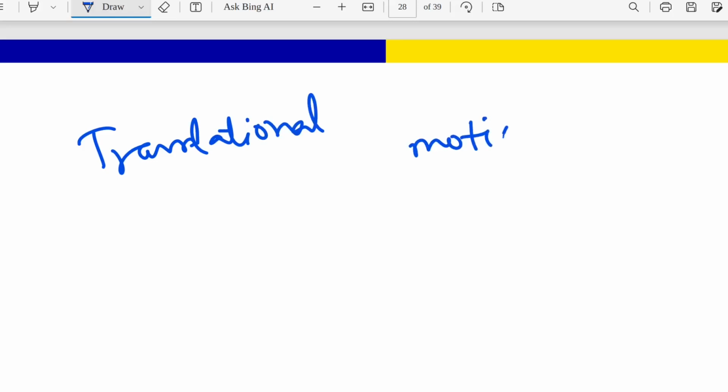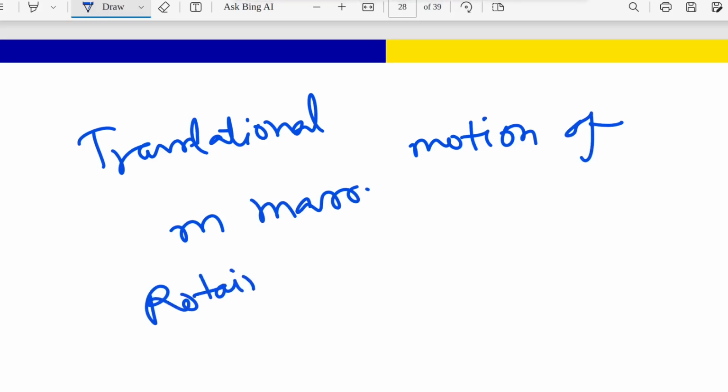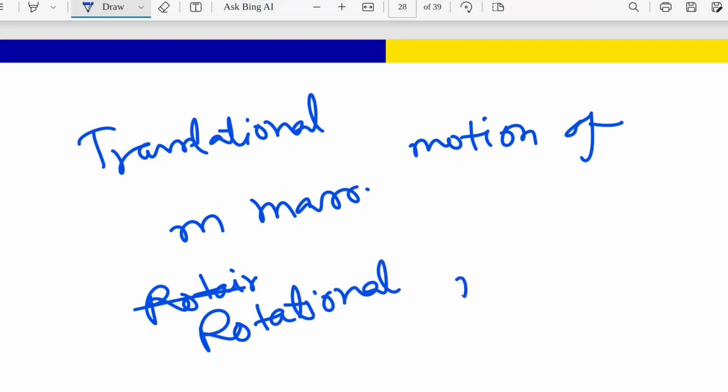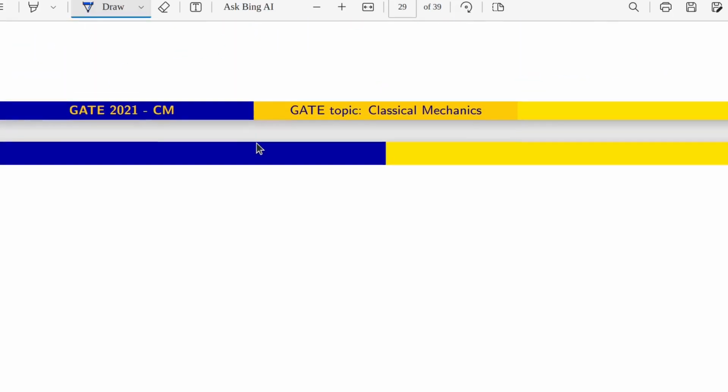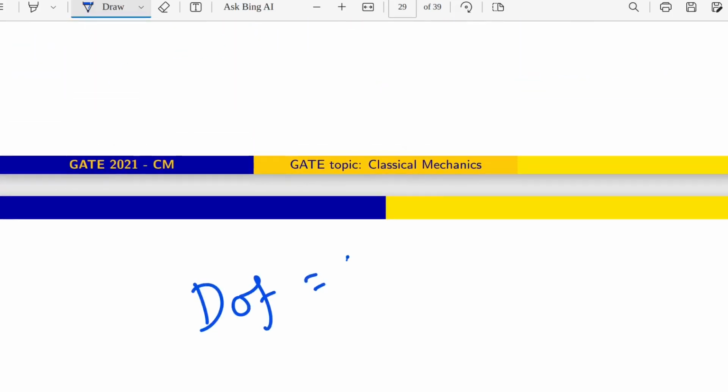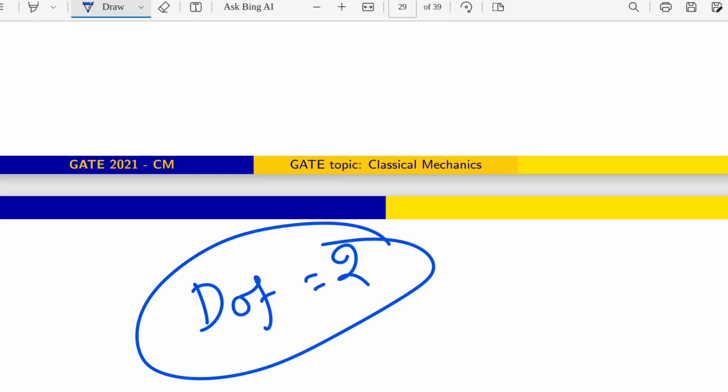Translational motion of small m mass and rotational motion of capital M mass. So this is 1 degree of freedom, this is another degree of freedom. As a whole, our degrees of freedom can be written as 2 for the whole system.